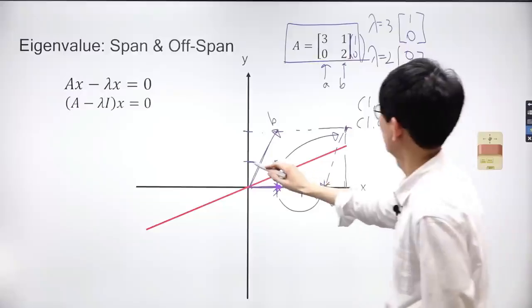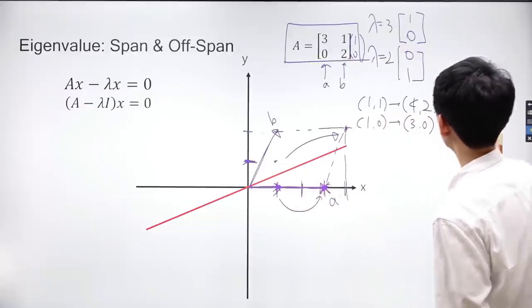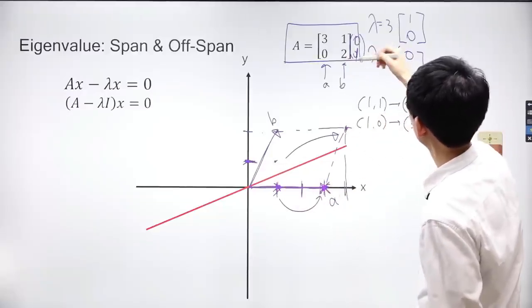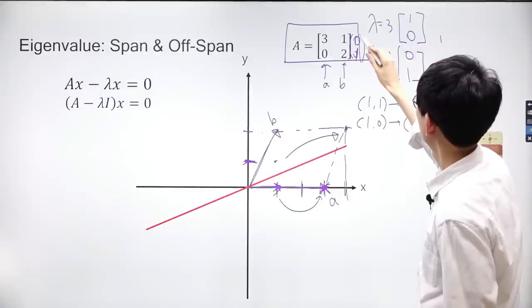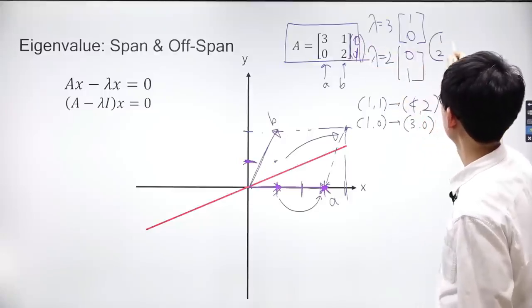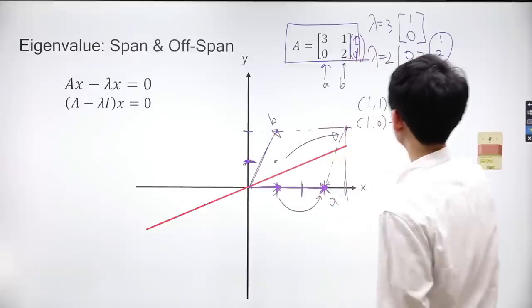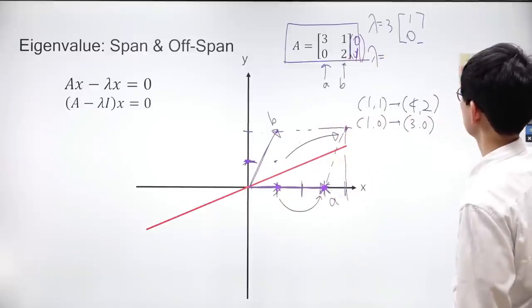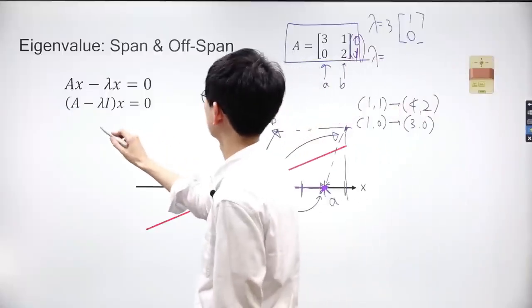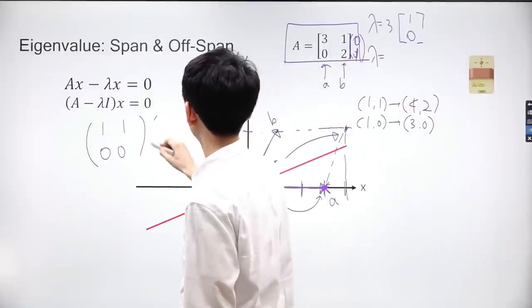Vector 0, 1 also behaves in a similar manner. If we multiply matrix A by the vector 0, 1, then we get a vector 1, 2. Oh, these two vectors don't lie on the same line. It is highly likely that I made a mistake, and 0, 1 is not an eigenvector of the matrix A.